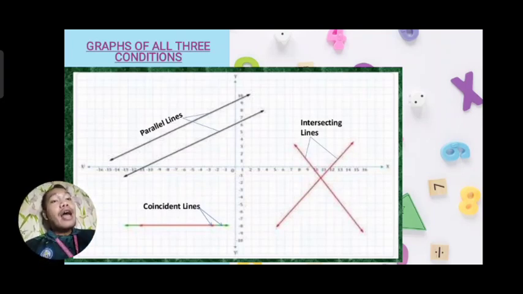As you can see, there is an intersection, so this is what we call the unique solution. Next we have the coincident lines. As you can see here, same lang yung line na dinaanan niya. So we can call it coincident lines, or there is an infinite solution.